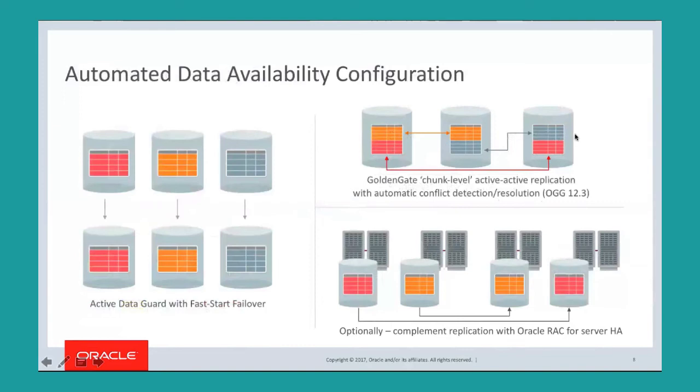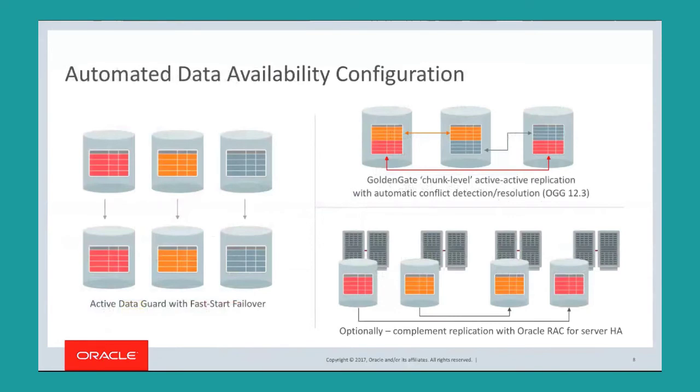We automatically enable chunk-level active-active replication using GoldenGate with Auto CDR, the conflict detection and resolution. So if a shard goes down, no big deal. We have these copies of the chunks on the other shards, and we automatically route you to those copies. So within these 3 shards, you have high availability baked in for your data.